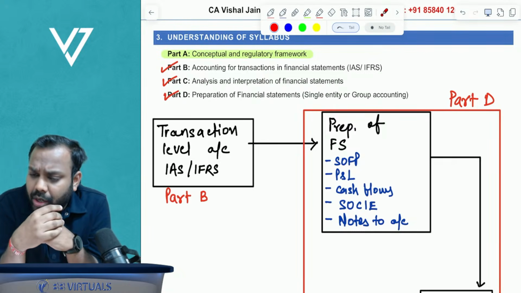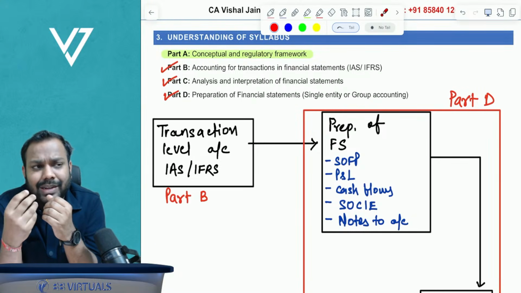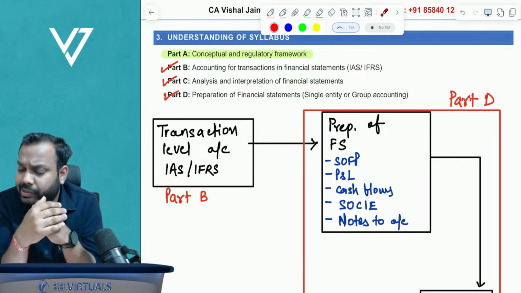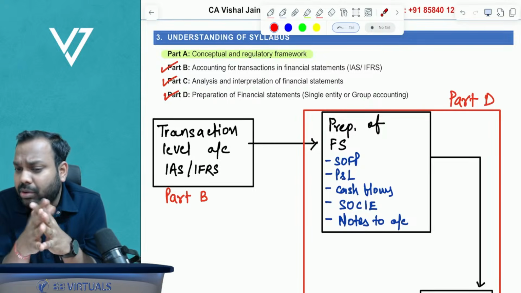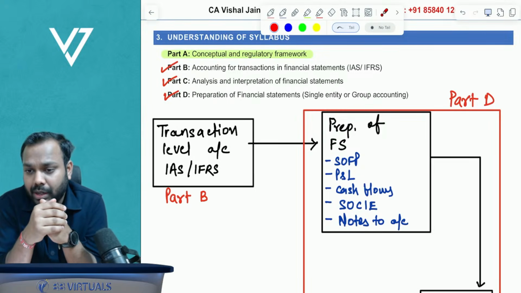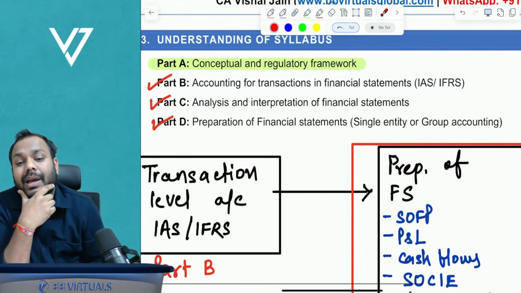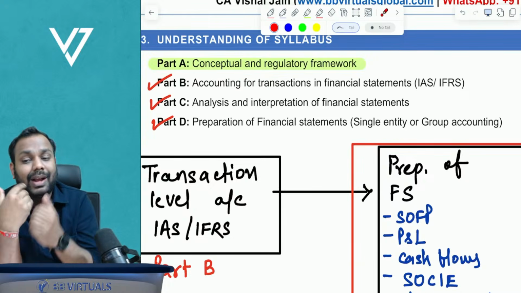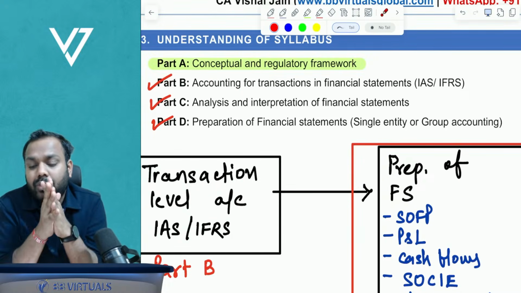How will Tesla account for revenue when it sells a car through Bitcoins? Is there any particular standard on that? No. So we'll take the help of the conceptual and regulatory framework, which will guide us on the accounting treatment for the same.